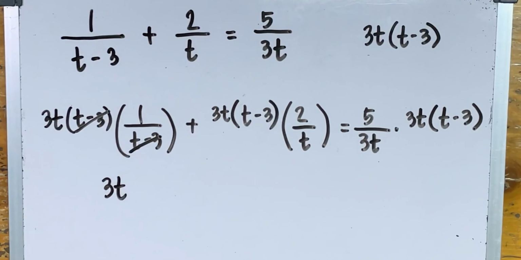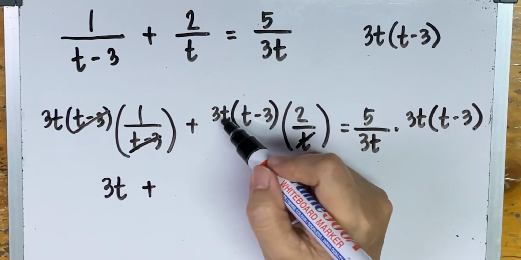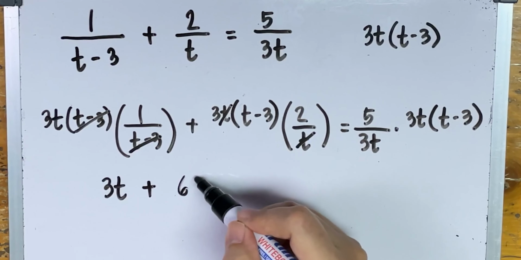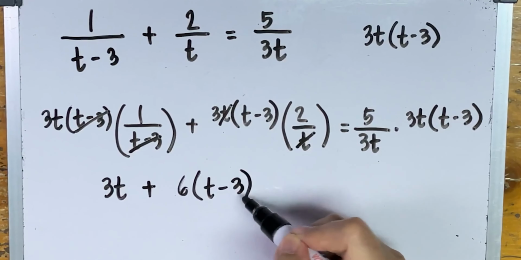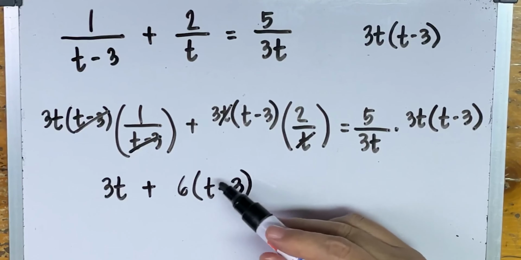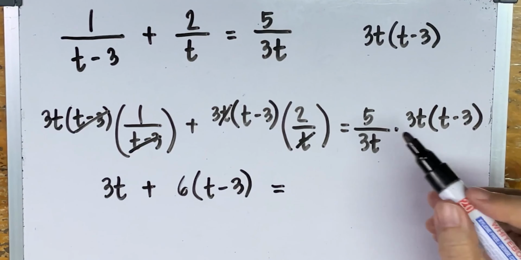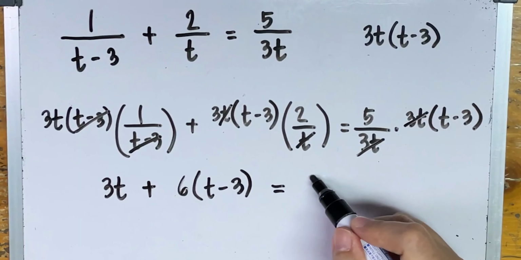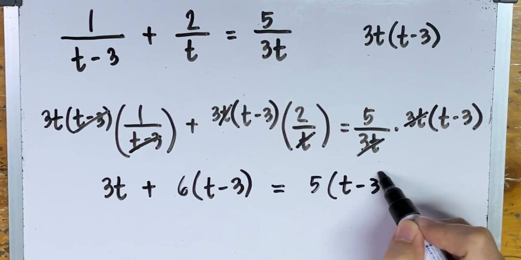That gives us 3t. Plus, okay, cancel natin yung t and then t here. So 3 times 2 is 6. Tapos, we'll just copy the binomial. Okay, later, i-distribute natin yung 6 sa bawat isang term equal to, okay, so dito naman, 3t cancels with 3t, leaving us with just 5 multiplied by t minus 3.